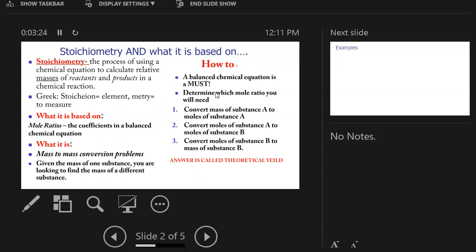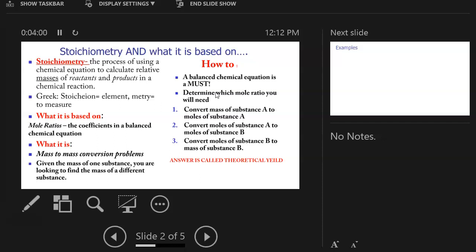There's a lot of stoichiometry problems we could do. We could do mass to mole, mole to mass, mole to mole, or mass to mass. We're going to just go straight for the most difficult type, and we are just going to do mass to mass conversion problems. So we're going to start with a certain mass of a substance, and then we are going to calculate how much of a reactant is needed or how much of a product is going to be made.